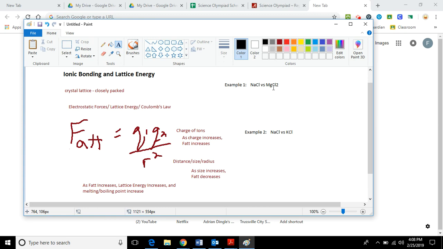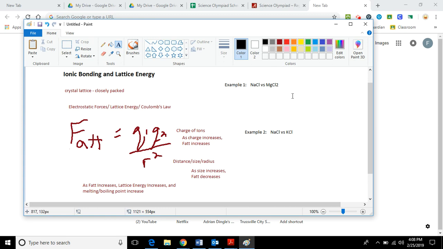Now, whether it's positive or negative doesn't matter. What matters is the absolute value. So you have +1 times -1, which is just 1, versus +2 times -1, so that's an absolute value of 2. As that absolute value increases, that's what increases the force of attraction.